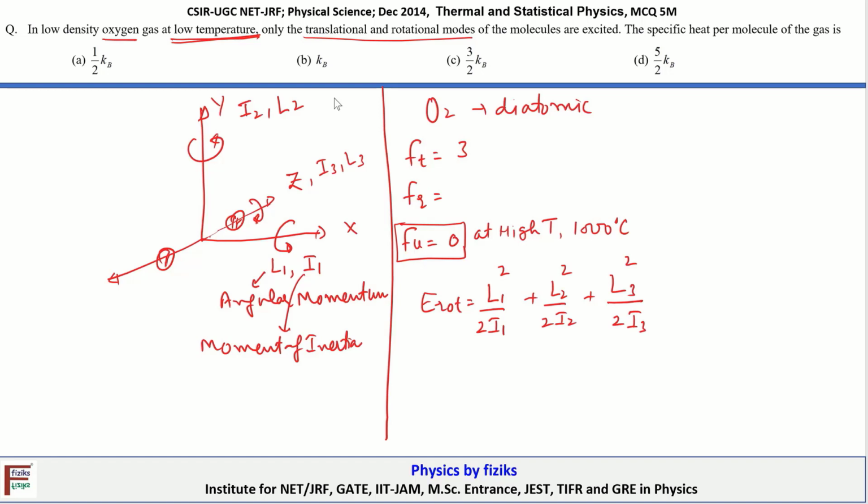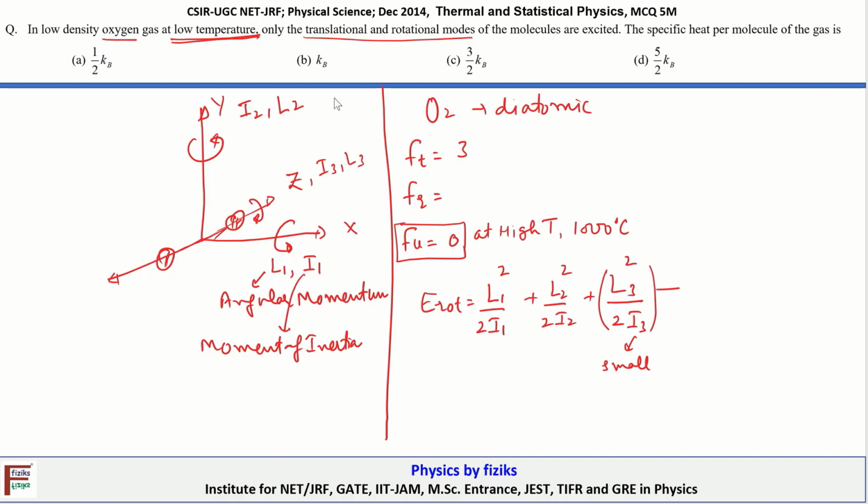The point we should note here is the axis along which the gas molecule is lying. If you evaluate the moment of inertia of the gas molecule along that particular axis, it will have a very small value. The moment of inertia is going to be small.